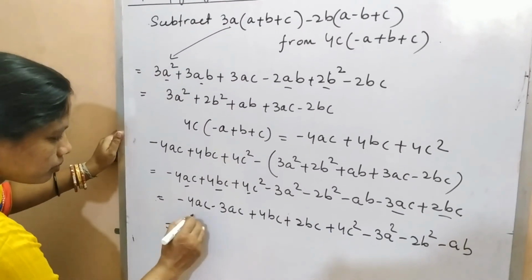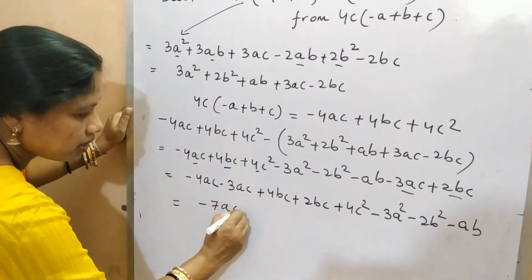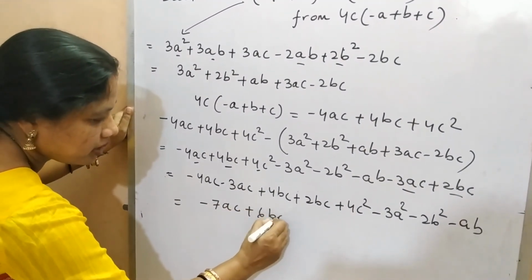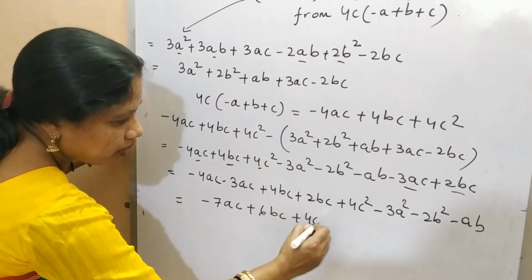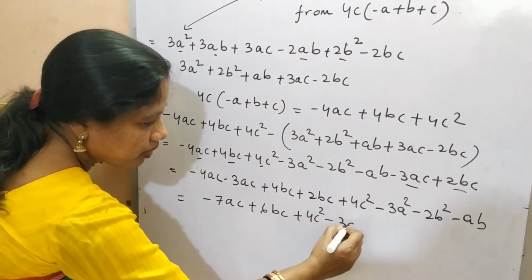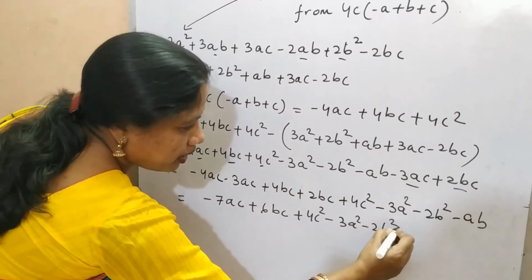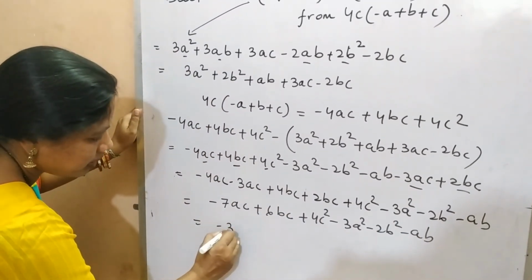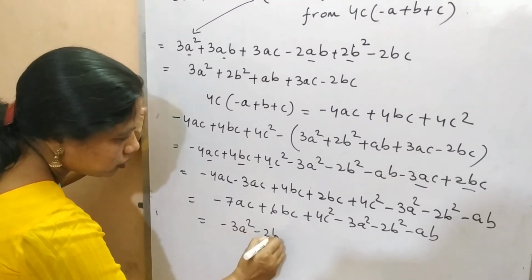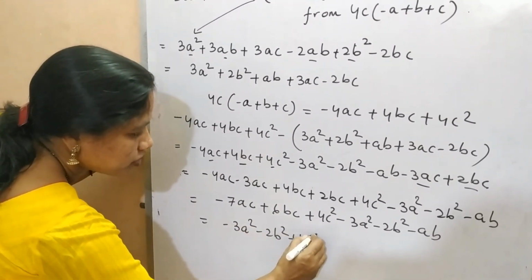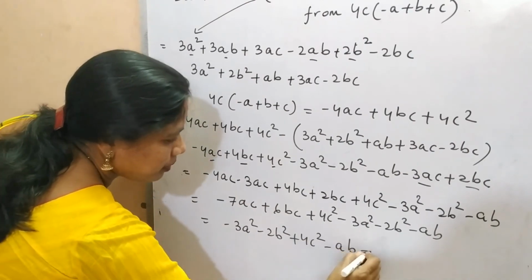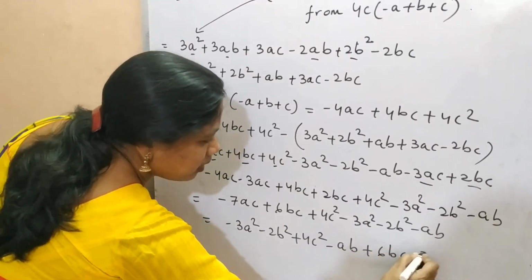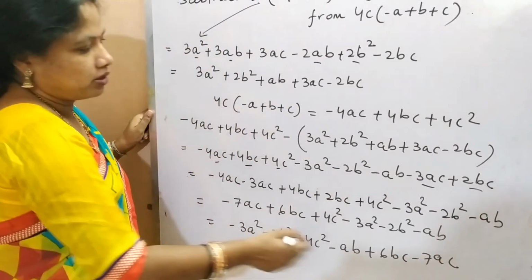So this is equal to minus 7ac plus 6bc plus 4c square minus 3a square minus 2b square minus ab. In standard form we write this as minus 3a square minus 2b square plus 4c square minus ab plus 6bc minus 7ac. So this is the answer.